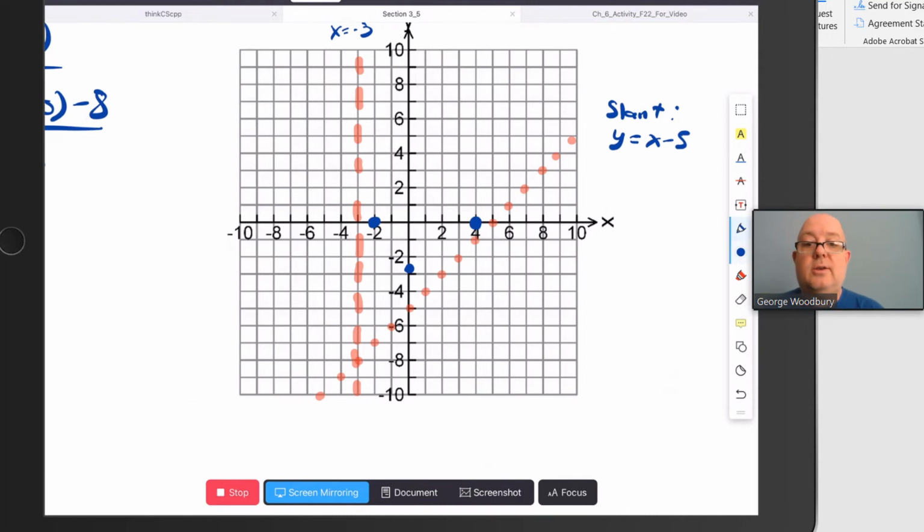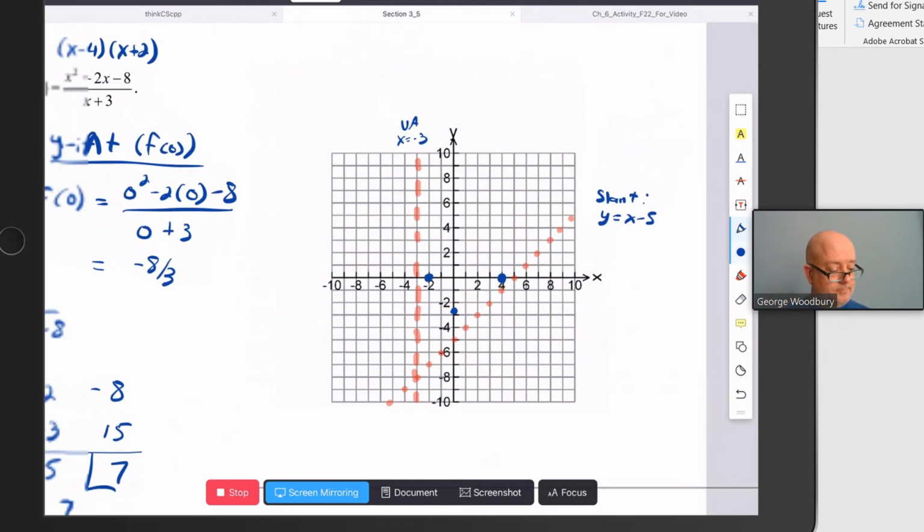All right, so how does this graph behave from here? Well, we pretty much have the top quadrant of this graph set. It's got to approach the slant asymptote. It's got to approach the vertical asymptote. And so it looks like it's going to have to go down and bend like that.